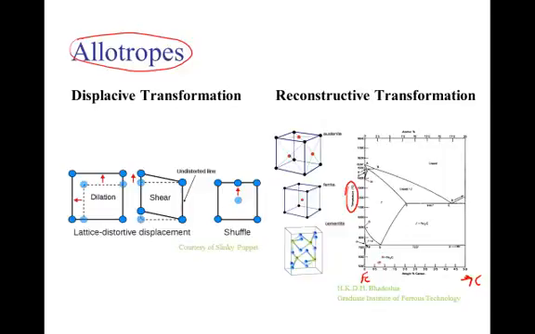And as we heat the material, we go through a temperature where it transforms to a different allotrope. And I'm using phase to refer to a distinct crystal structure within the microstructure of the material. That's an important vocabulary word for you there, phase. And as we heat, we go through a transformation temperature above which we have a gamma phase.